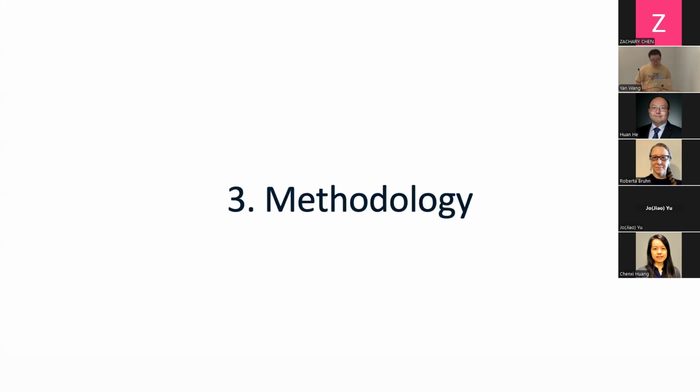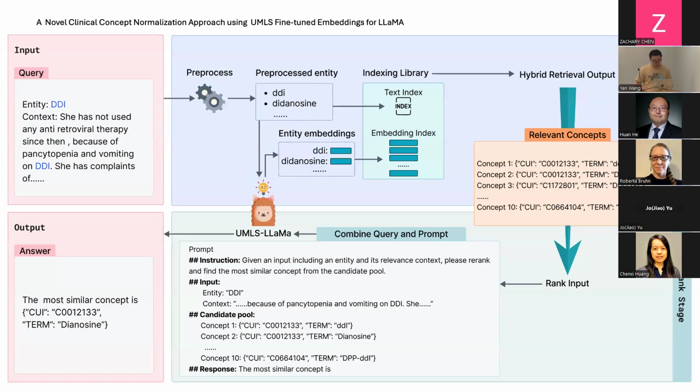So next, I will introduce our framework and demonstrate how we mitigate the challenges in these tasks. As this figure shows, our entire framework can also be divided into two stages: the retrieval stage and the RAG stage.